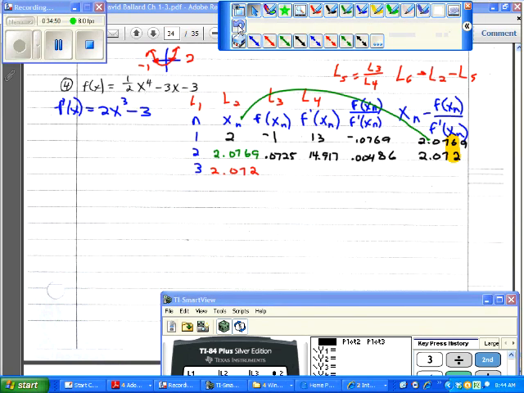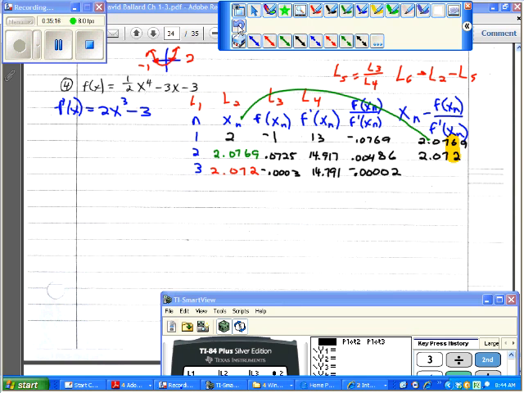And we have negative 3 exponent of negative 4, so negative 0.0003. And then we have 14.7. Okay. And it's negative 0.00002.